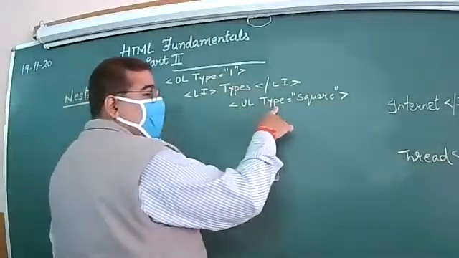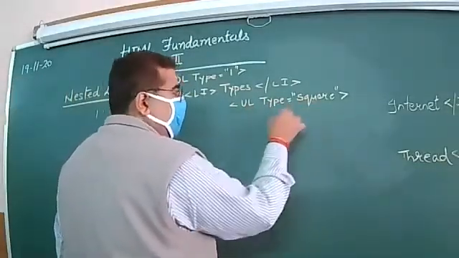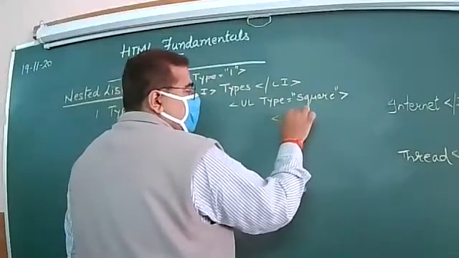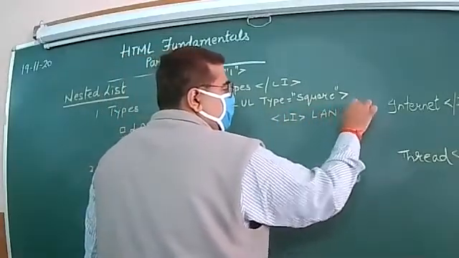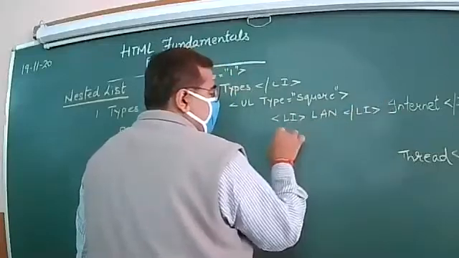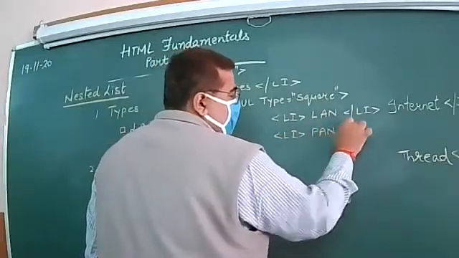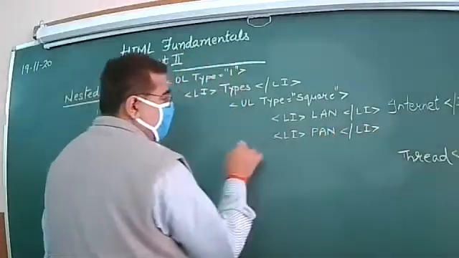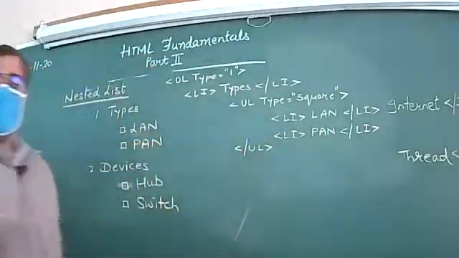So my type attribute of UL tag will take the value square. Then I mention two options here, LAN. Second option I mention is PAN. And here I close my UL.